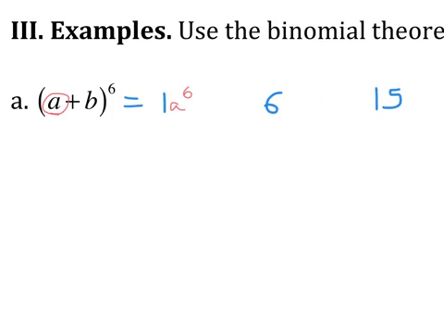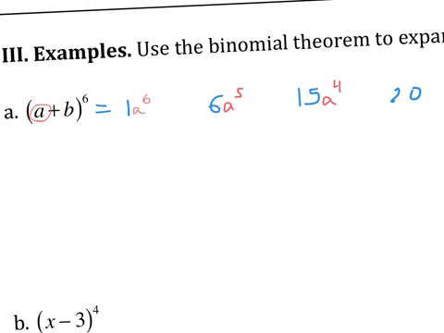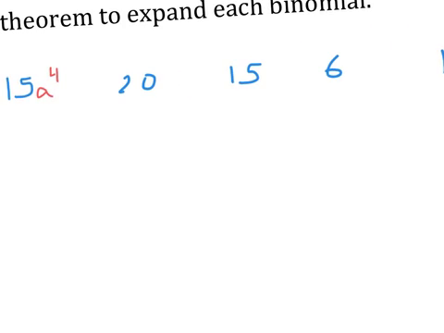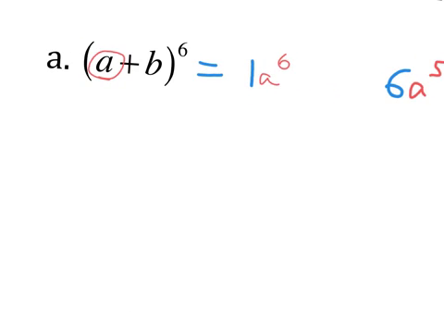So let me just follow that pattern, and that a is going to drop. A to the 5th power, a to the 4th power, a to the 3rd power, a squared, a to the 1 power just by itself, and the 1 at the very end has no a. Poof, a to the 0. Now, I take my b here, and the b is going to be raised.